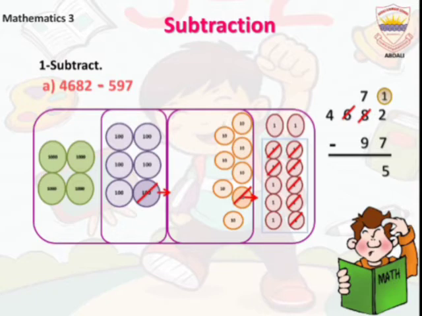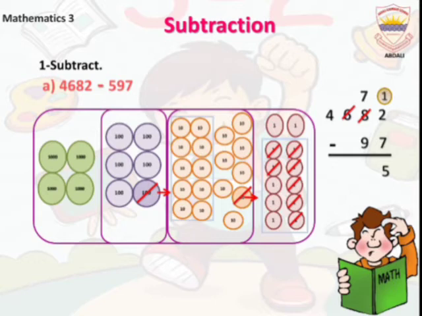Students, we borrow 1 from 600. We borrow 1 from 600 and we also cut 1 number disk of hundreds and we borrow 1 hundred. Here students, when we cut 6 and borrow 1, we write 5 on top of 6.